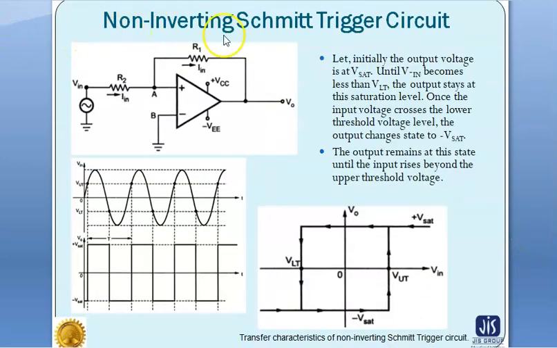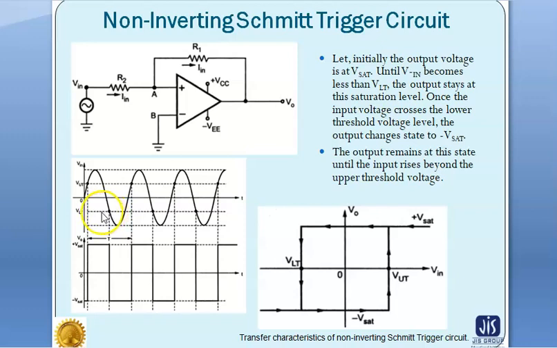Now the non-inverting Schmitt trigger circuit. Because here the input voltage is applied at the non-inverting terminal of the op-amp, it is a non-inverting Schmitt trigger. Here initially we assume that the output voltage is at plus Vsat. Now by this plus Vsat we will get the lower threshold point.